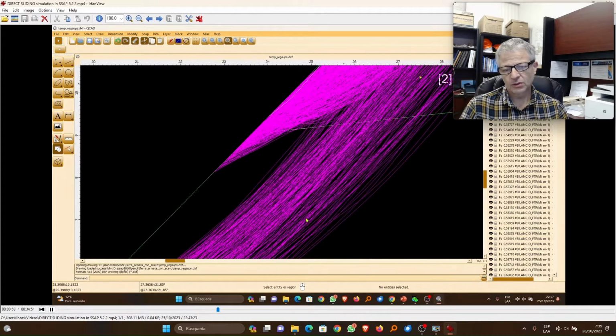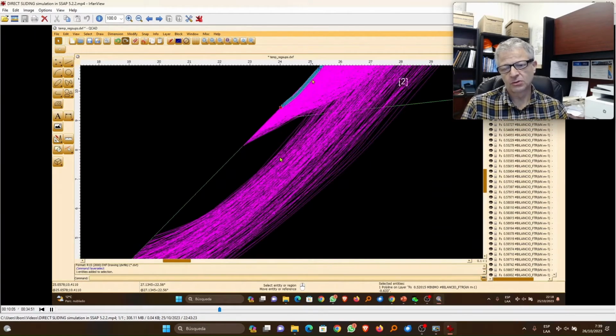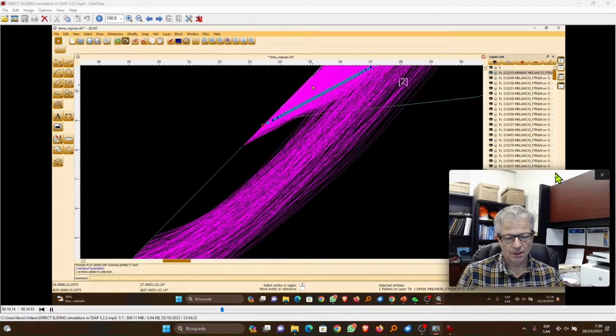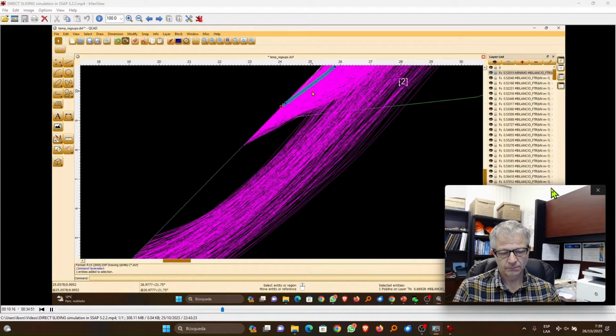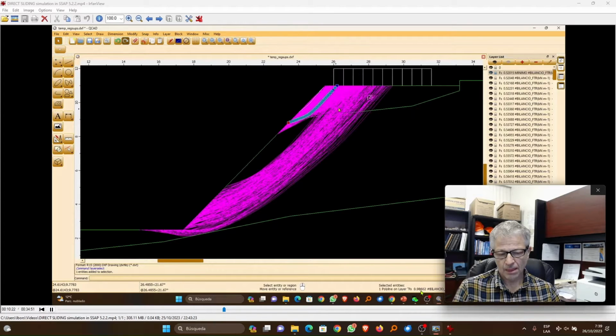We can see that we have two families of surface. Of course, the unstable and unreinforced colluvium material at the top of the slope, and here we have different kinds of safety factor and shapes.